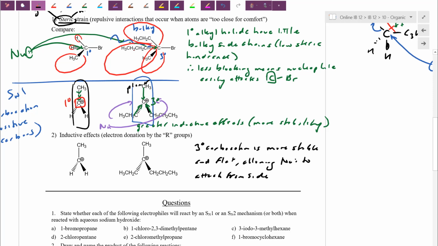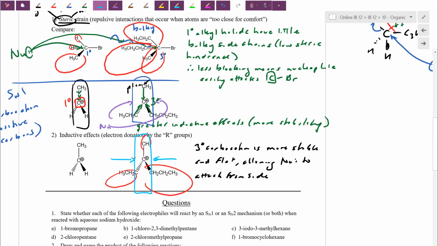If I undergo an Sn1 mechanism, it would have been two steps anyway, the leaving group just up and leaves, and I don't really worry about the side chains anymore. So this is a bulky group, this is a bulky group, even this is a bulky group, but this one here is now a flat piece of paper. The nucleophile can easily attack from one side or the other side there.